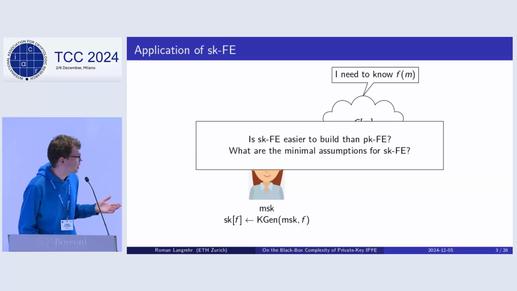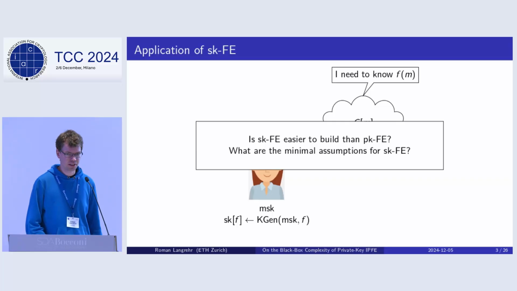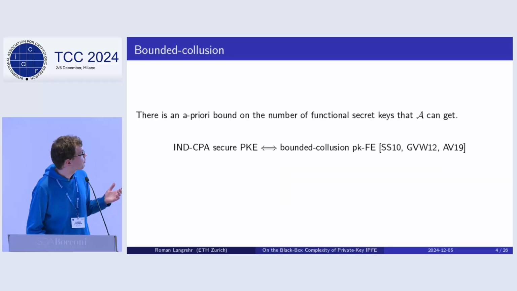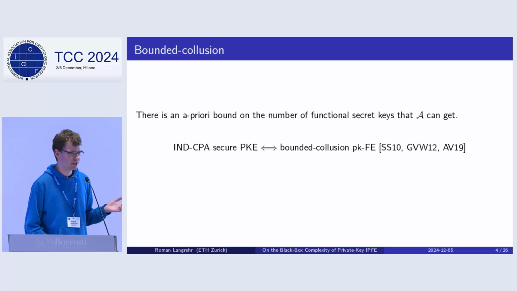So a natural question now is whether secret key FE is actually easier to build than public key FE, and what the minimal assumptions required for secret key FE are. We know some things about this. In the bounded collusion setting, it is known that public key FE is equivalent to regular public key encryption and secret key FE to just secret key encryption.